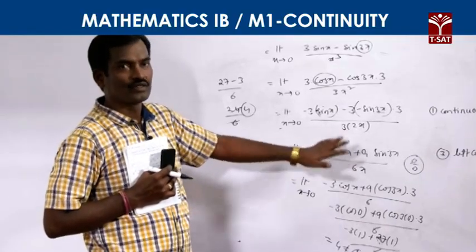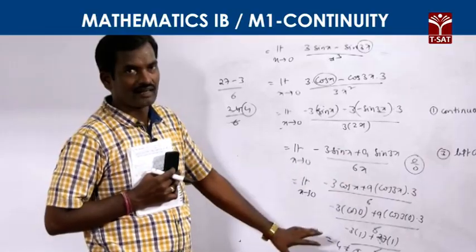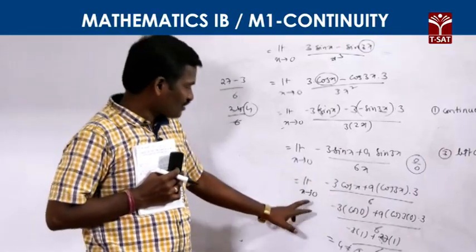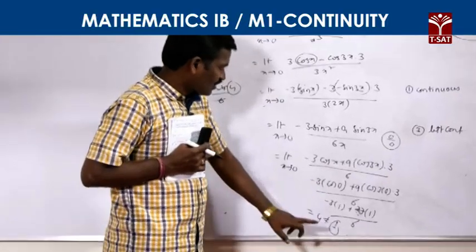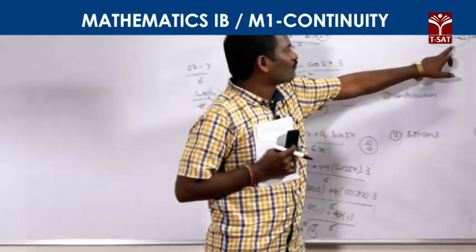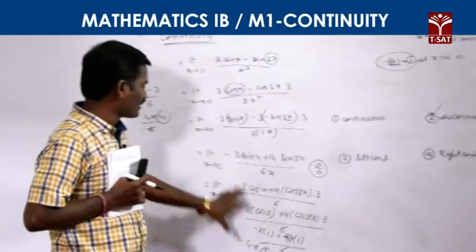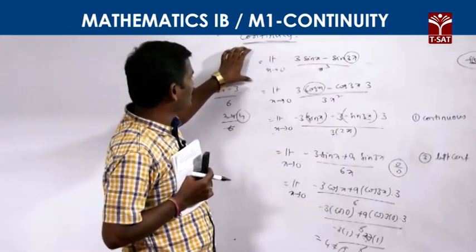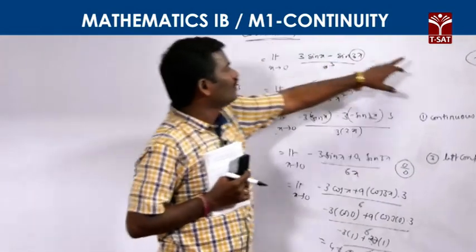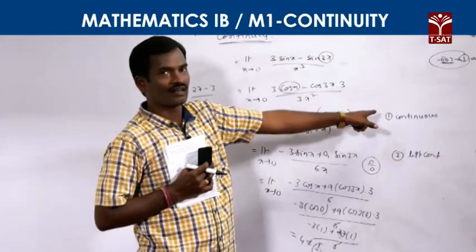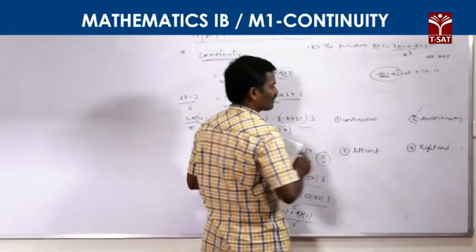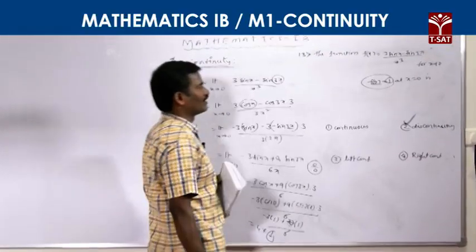If it is not an indeterminate form, substitute x equals 0 in this function and you get the value 4. That 4 is not equal to f of 0. We need the limit as x tends to 0 of f of x to equal f of 0, which is 1. So it is not 1, so it is not a continuous function. It is a discontinuous function. So the option is discontinuous, second option.